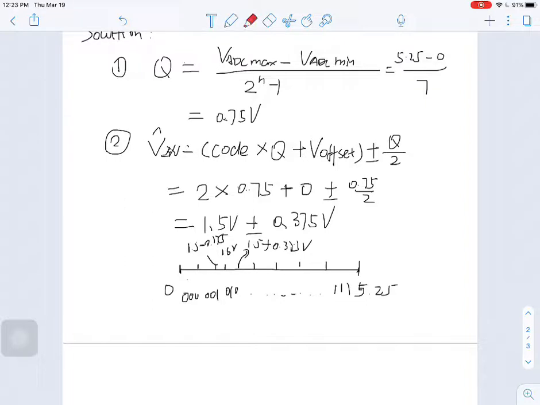So it only tells you this range. That's where your analog signal will be located. But we do lose the information of the accurate value of the analog voltage signal. Hopefully I explained that through. If you think you understand this, give me a thumbs up so I can move on.